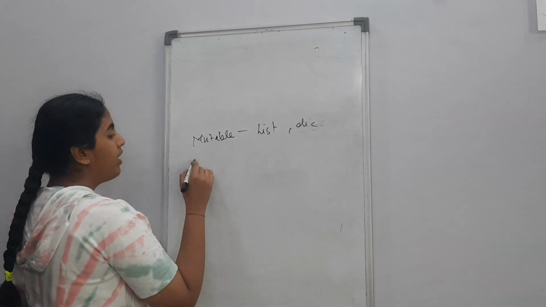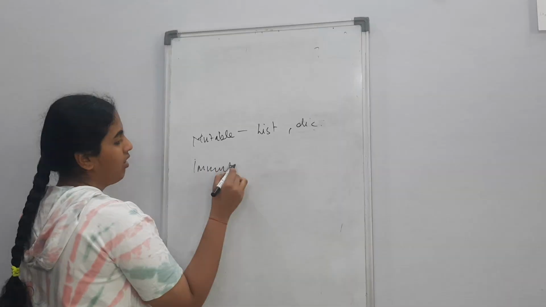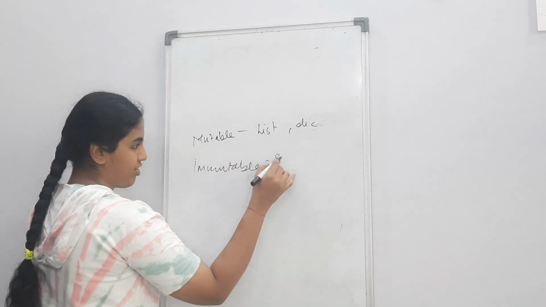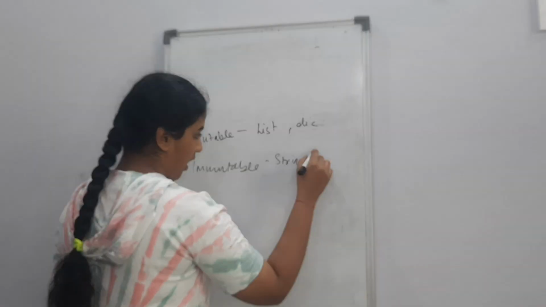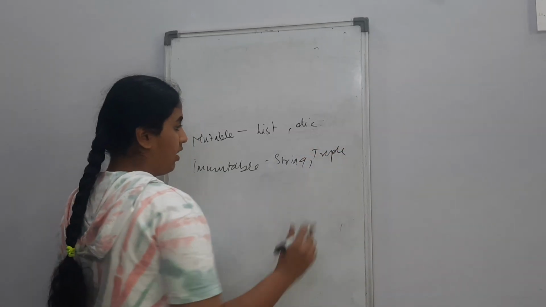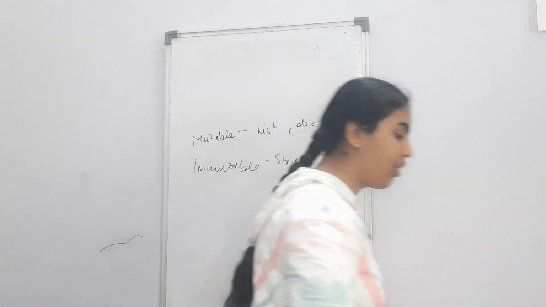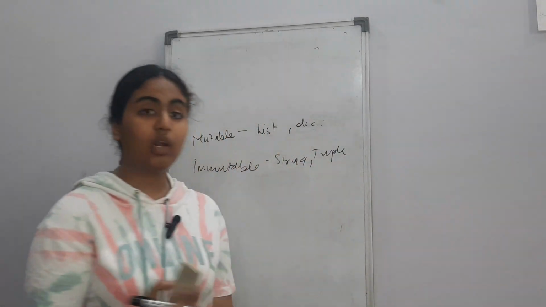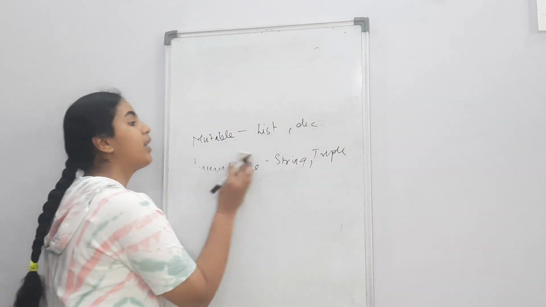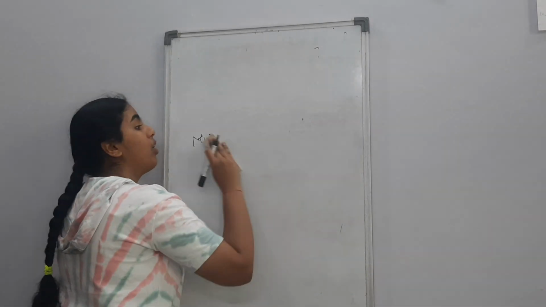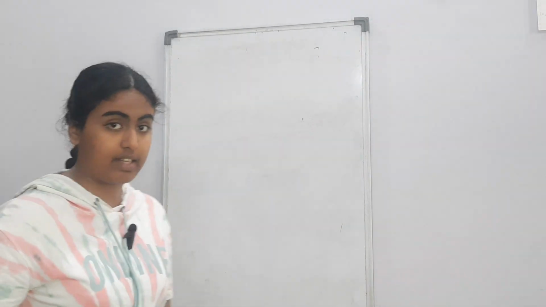And in immutable we'd have a string and a tuple. These are data types that once assigned cannot be changed. Or we cannot do inherent changes in them like we can do in a list, or we cannot do indexing changes or key changes in them.